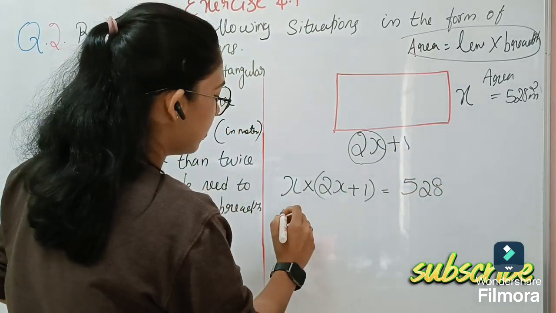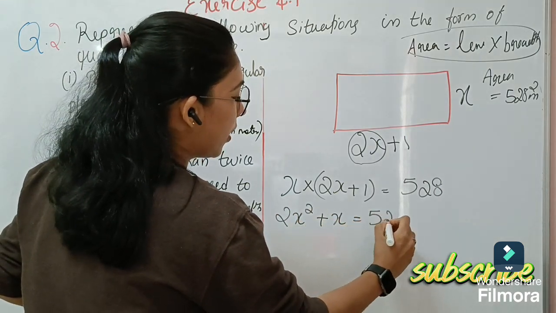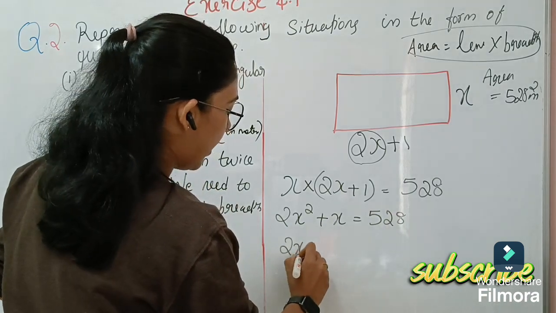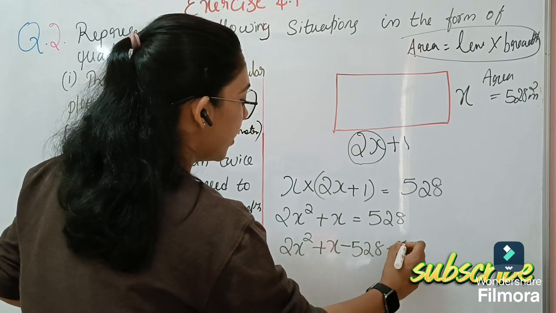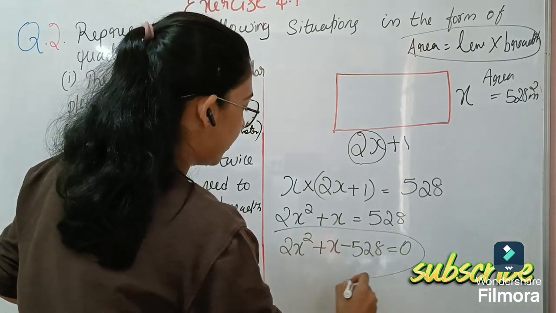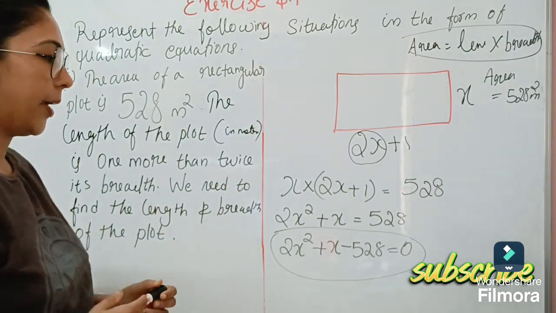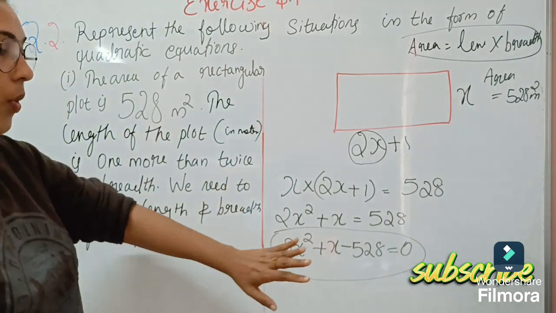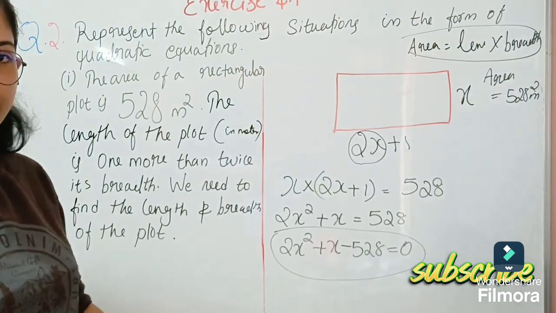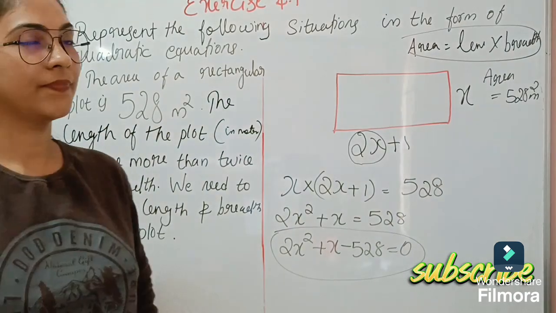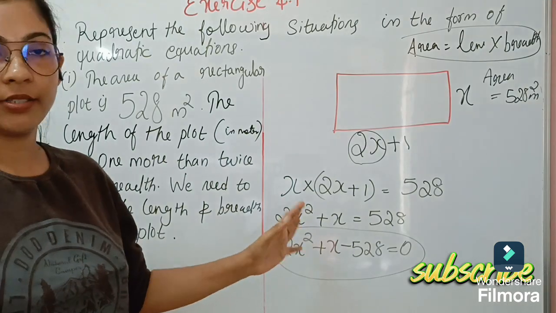Let's expand: 2x square plus x is equal to 528. That is 2x square plus x minus 528 is equal to 0. This is the expression for the area of the rectangle. So we write the quadratic equation for the given question. Very simple, there is no need to find the length and breadth, we just have to write down the quadratic equation.